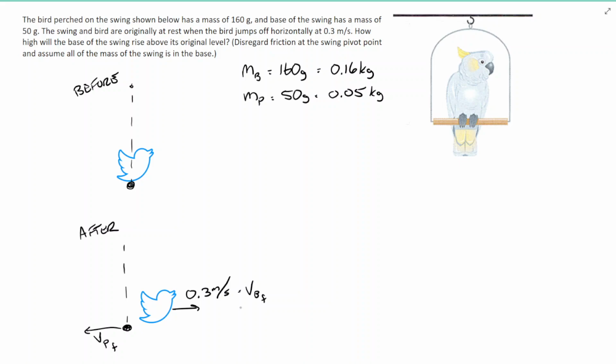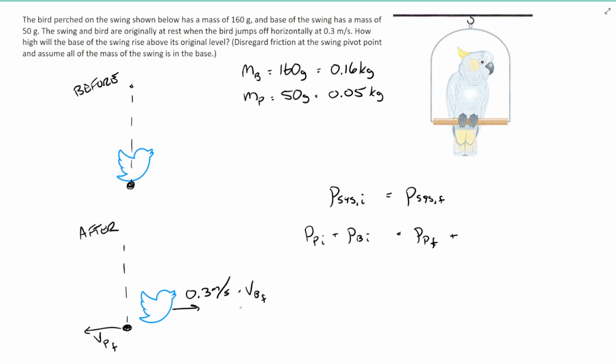Conservation of momentum suggests that the momentum of the system before the bird jumps off has to equal the momentum of the system after. That momentum of the system is the momentum of the perch before plus the momentum of the bird before, and afterwards the perch has new momentum.